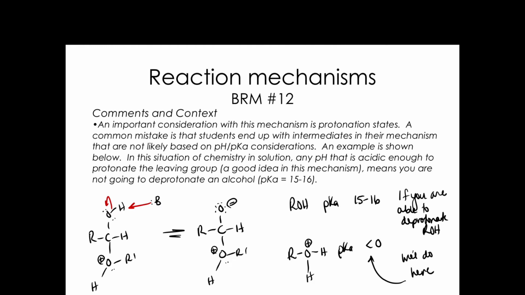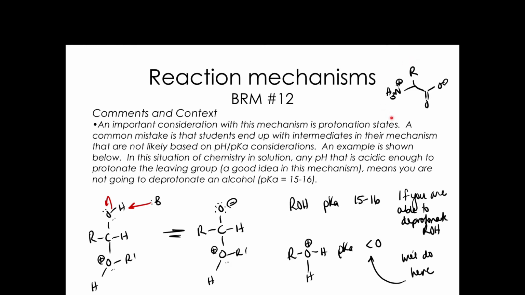But again, having an amino acid that has no net charge is possible. Let me just draw this out here so we can see. If we've got our protonated amine group here, and then our carboxylate group here on a generic amino acid, what we're saying is if we are basic enough to deprotonate this and make it an NH2, we're certainly basic enough to deprotonate this.